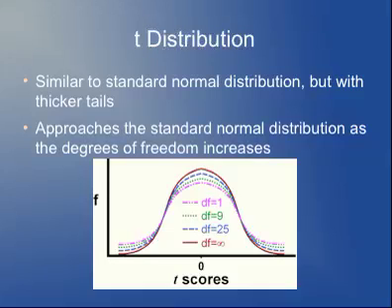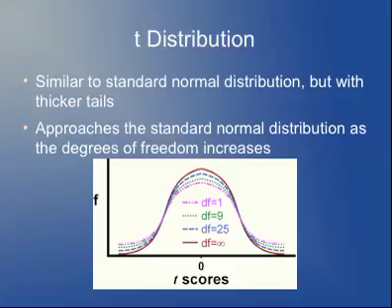As the degrees of freedom of the t-distribution gets larger, it gets closer and closer to the normal distribution. As you can see here, more and more of the distribution gets concentrated towards the center, and the tails get narrower and narrower. As the degrees of freedom goes to infinity, it becomes the same thing as the normal distribution; you can show that a t-distribution with infinite degrees of freedom actually is a normal distribution.